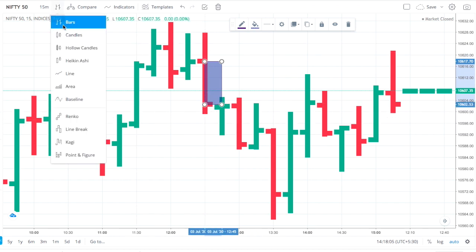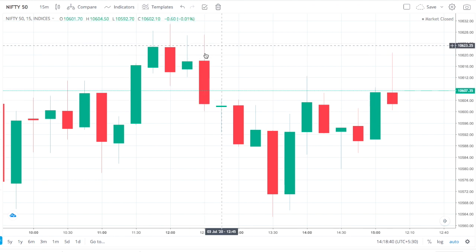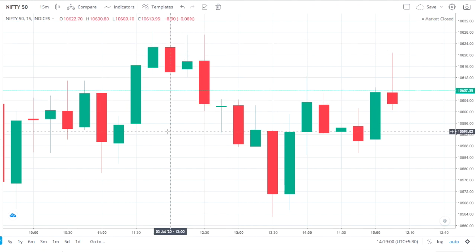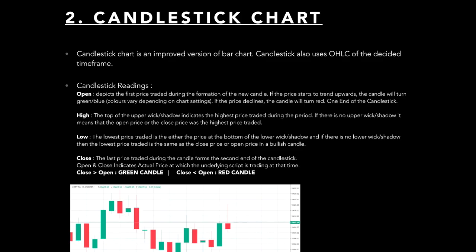So let's see how this looks. This is how the candlestick looks. Candlestick makes the body from the opening and closing price, and the highs and lows are indicated by these wick lines. Candlestick is preferred over the bar chart because it shows a clearer trend. So why is candlestick the most commonly used chart type?